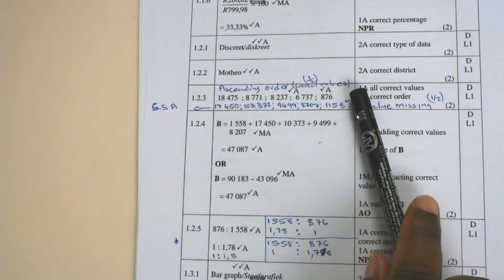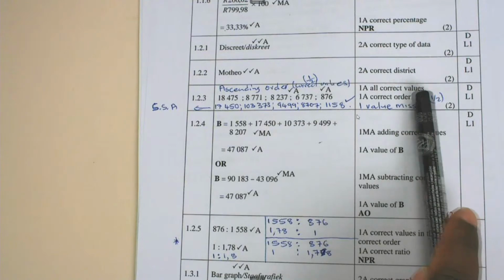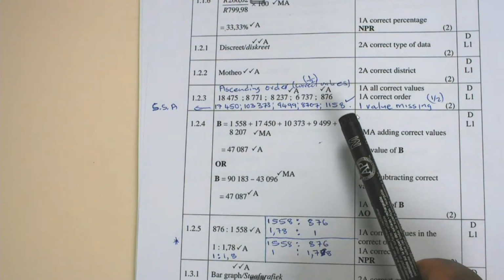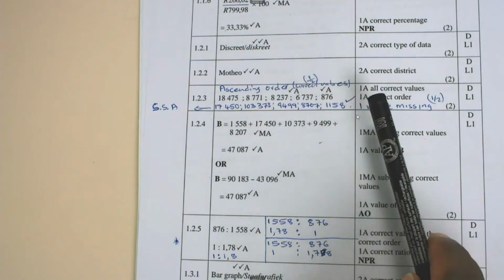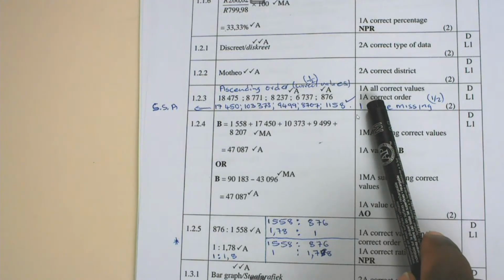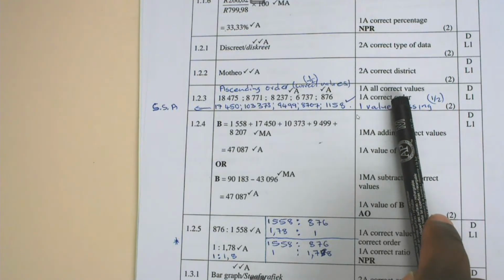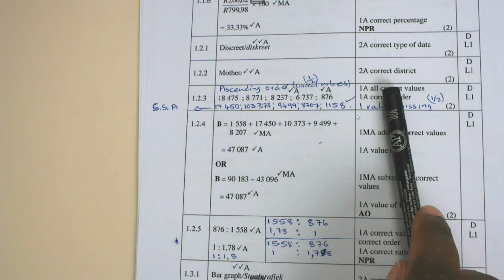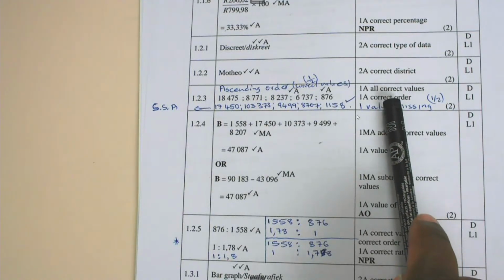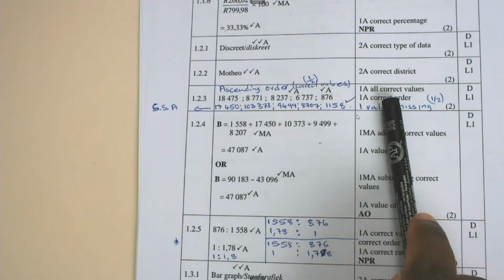One accuracy mark for all correct values, and another accuracy mark for correct order. And the order was descending order.